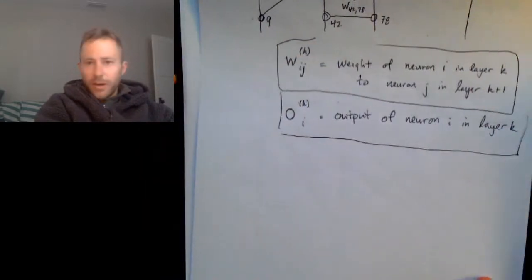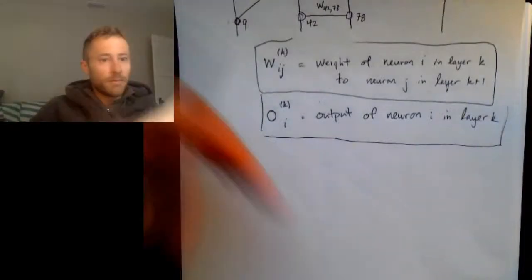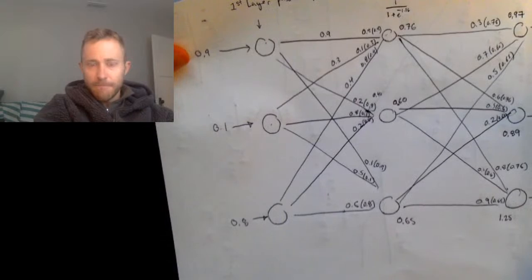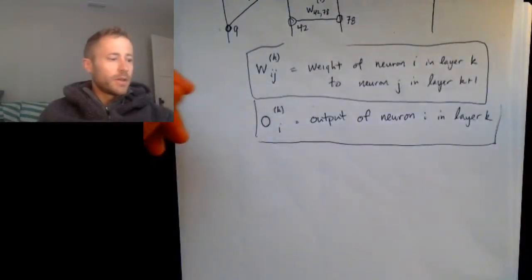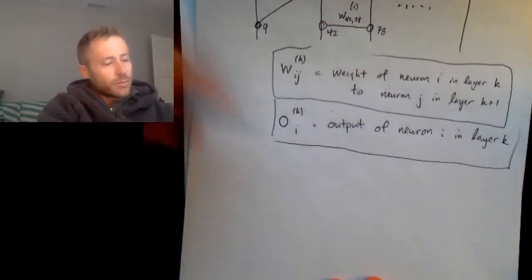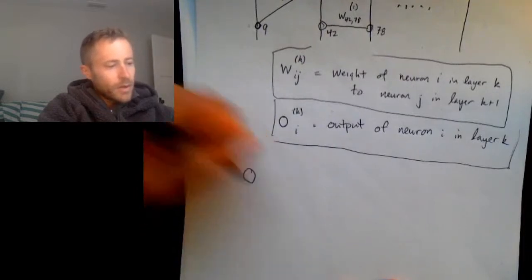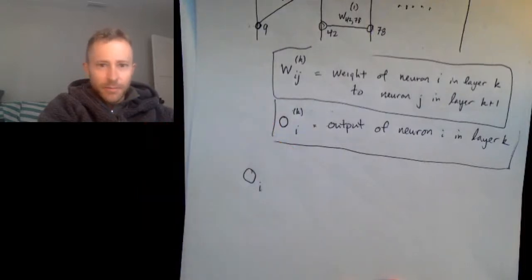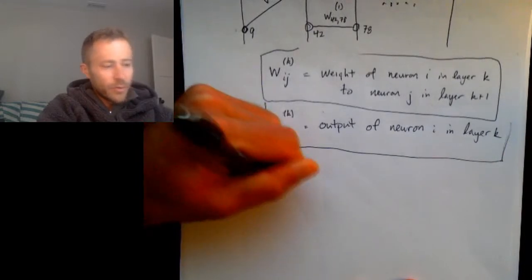So now what I want to do is write a formula for what we were doing here. Okay. I want to write a formula for what we were doing here. So let's suppose we want to get the output of neuron I in layer K. What is the formula for that?